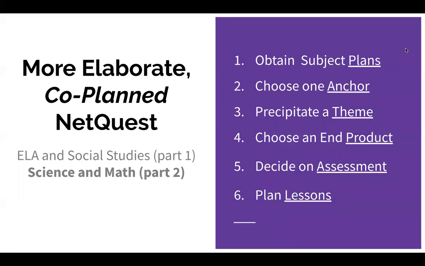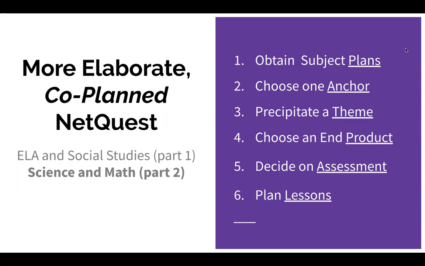Just a review of what we did last time. You obtain your plans, you figure out an anchor, and then you figure out a theme that those subjects would cover. In my case, I'm a middle school teacher, so ELAs, math, social studies, and science are the main foci.